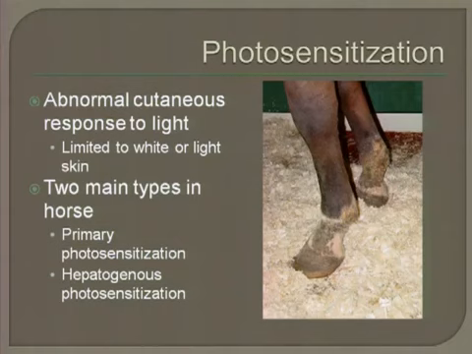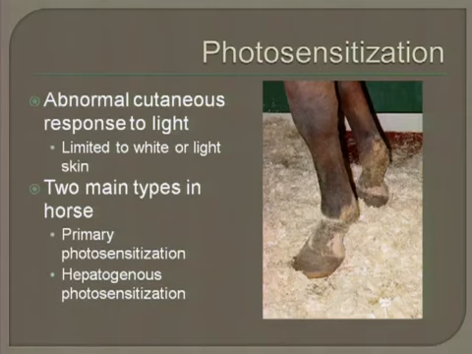So primary photosensitization occurs when a preformed compound is either ingested or comes into contact with the skin and leads to photosensitivity. And hepatogenous photosensitization occurs when breakdown products from chlorophyll lead to photosensitivity in horses that have liver failure. So about 25% of horses that have hepatic impairment will develop hepatogenous photosensitization from these chlorophyll breakdown products.